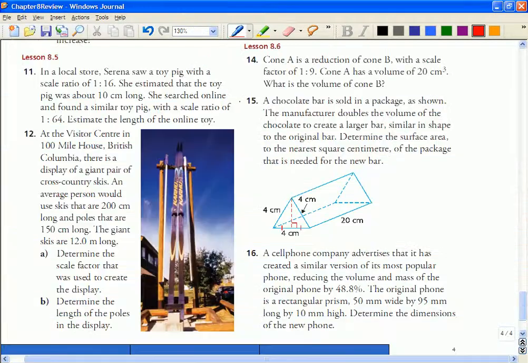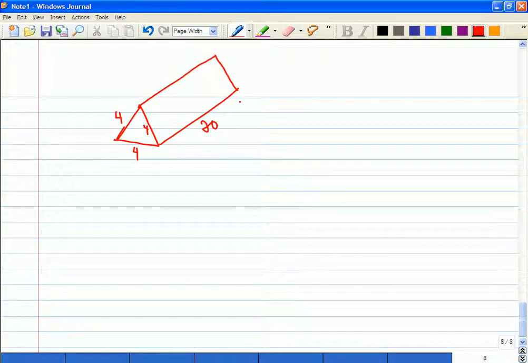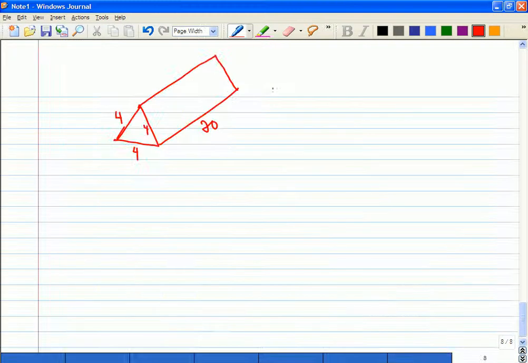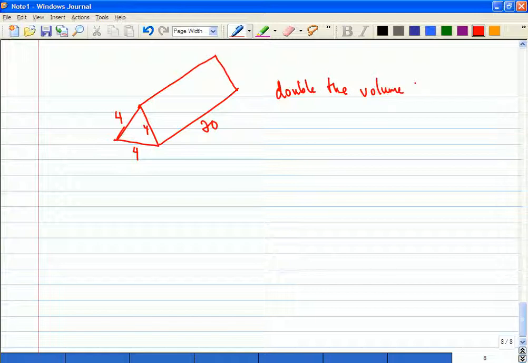I think it's 20. Okay. So if we're going to double the volume, then what you need to think about, if you're going to answer this with a bit of a shortcut, you have to think about how the scale factors changed with volume.